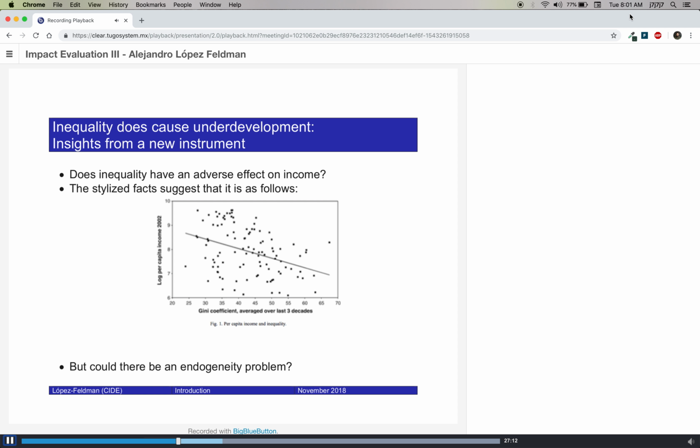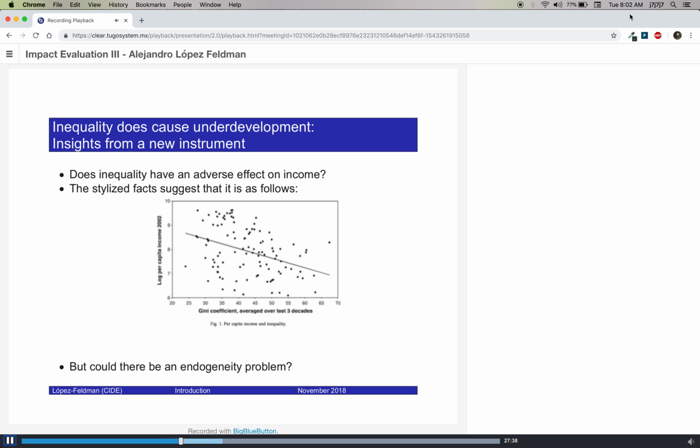So what do we see? When inequality increases, income decreases. And here we have this simple regression to relate inequality and economic development or income per capita. So how do we interpret this? Well, when inequality increases in a country, income decreases.